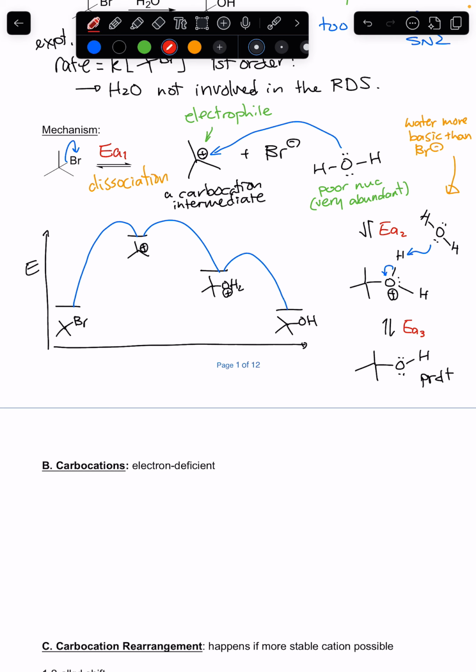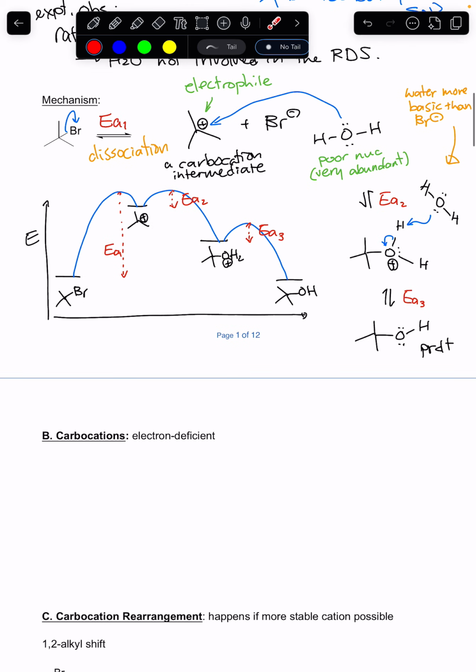Well, that tells us that the first activation energy is pretty big, whereas the second activation energy is not that big, and neither is the third. I can't really tell you the exact values, but relatively speaking, this should be the largest for sure, right? What does that tell us? Well, that tells us that that step must be the rate determining step, because that's the hardest activation energy that this compound has to overcome.